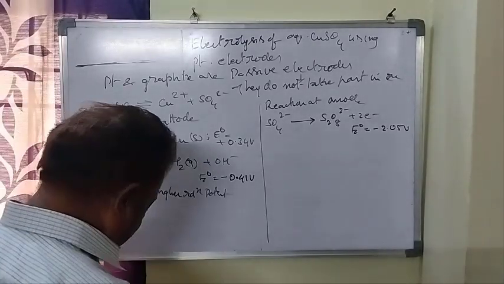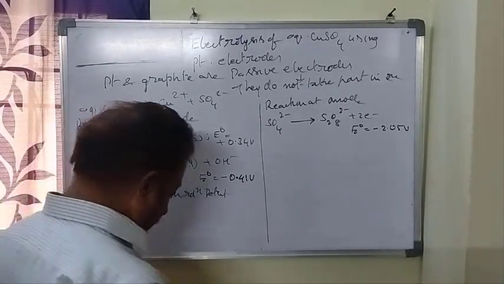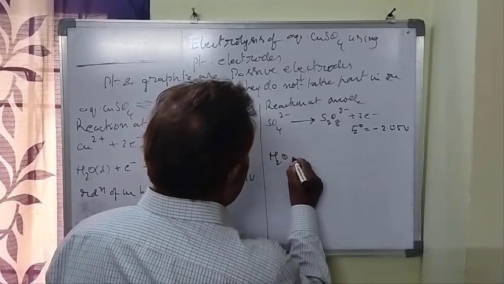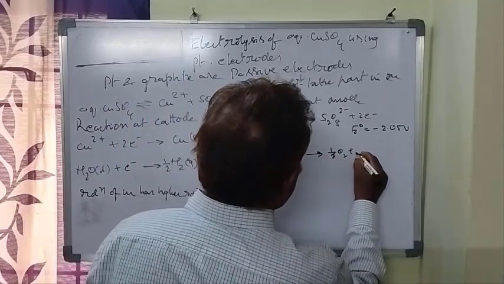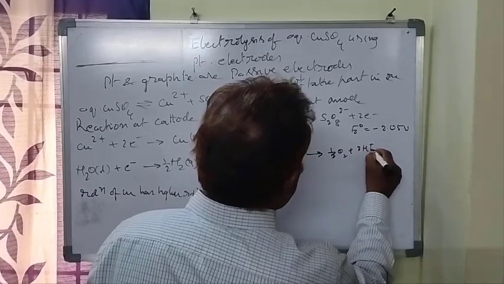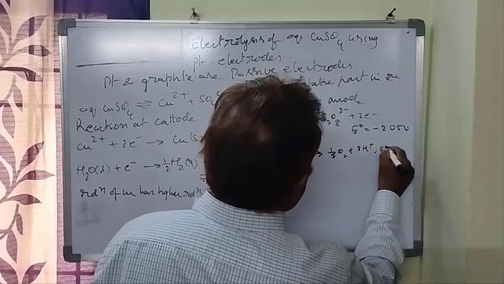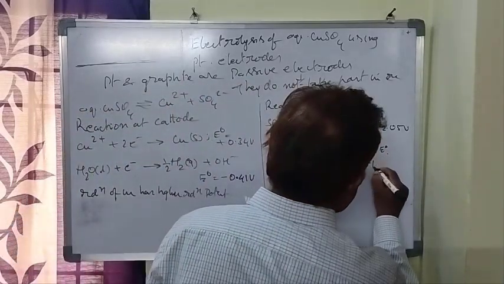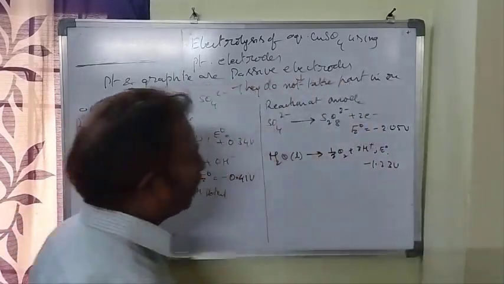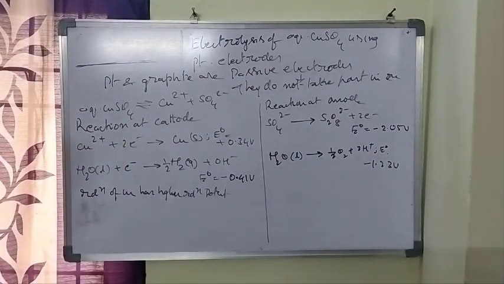What is the other possibility? The other possibility is H2O liquid giving 1/2 O2 plus 2H+. Oxidation potential is equal to minus 1.23 V. So what happens here?